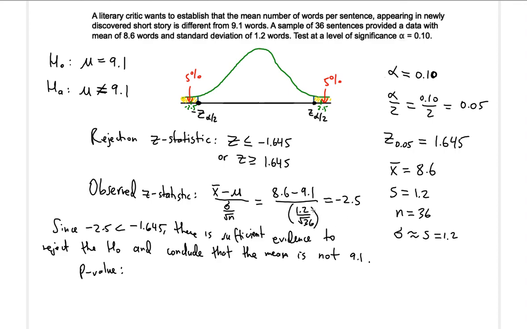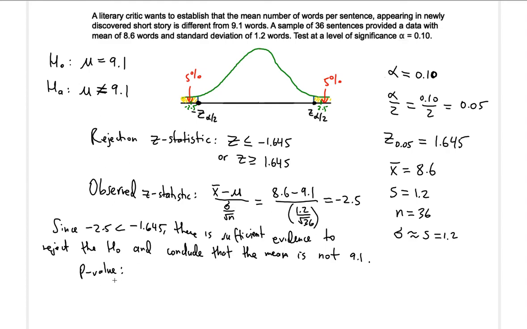If the null hypothesis is assumed true, it is an extremely unlikely event that we should be at the observed z-statistic where we are. And if we wind up in this extremely unlikely region, it means that something's wrong with the null hypothesis and we should reject it.